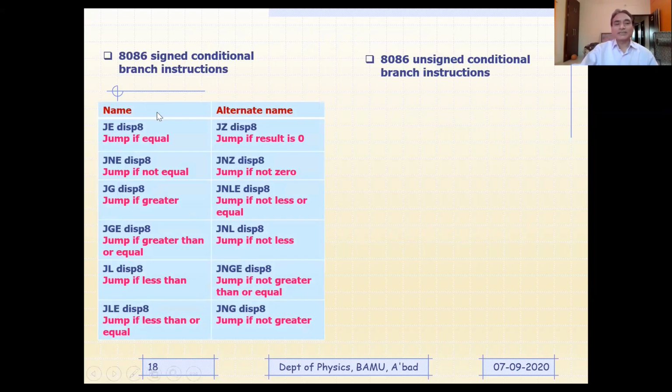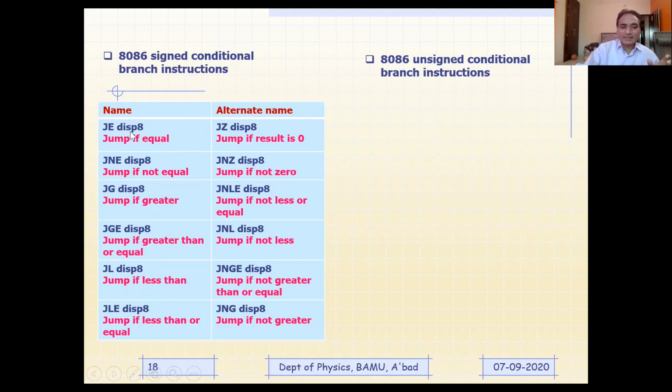These are examples of signed conditional branch instructions. You can see jump if equal. What does it mean? This DISP 8 means the displacement is 8 bit. Since the displacement is 8 bit, this is an example of a short jump. Wherever we are writing DISP 8, we are talking about a short jump.